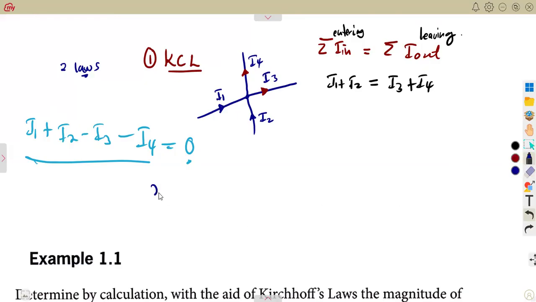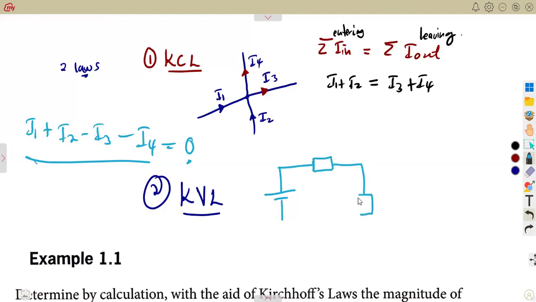All right, number 2 is on the voltage. So we are going to consider Kirchhoff's voltage law. How can we consider this? It is taken in a closed loop. Let's say we have, in this case, resistors in a closed loop, and we've got the total voltage, and this is our R1 and this is our R2.